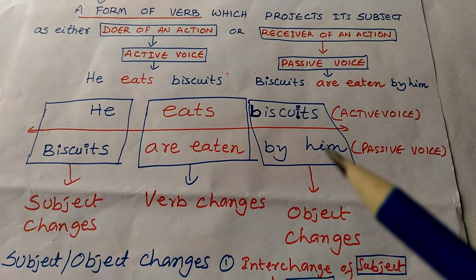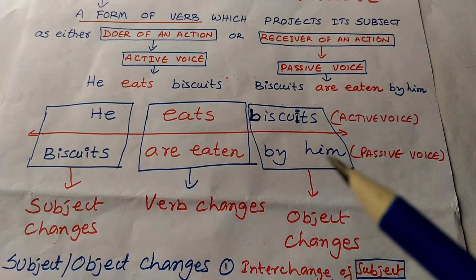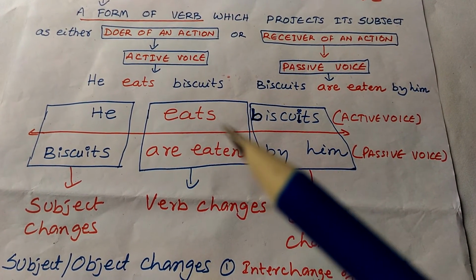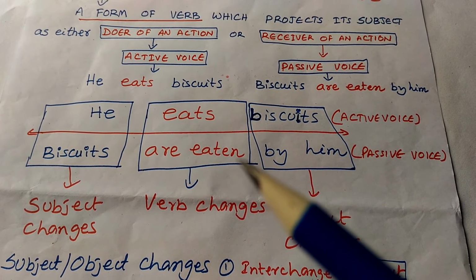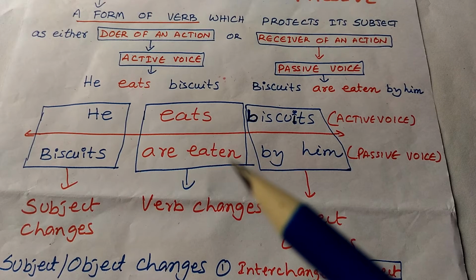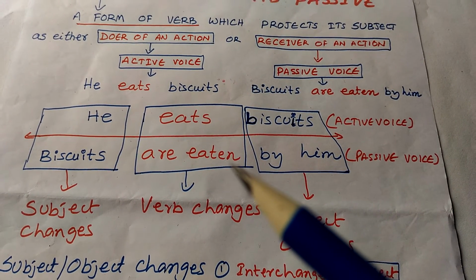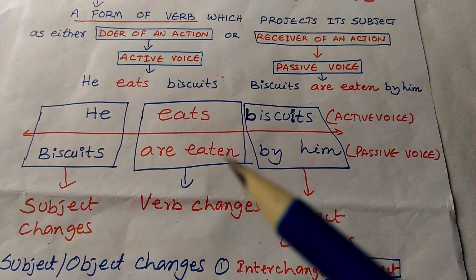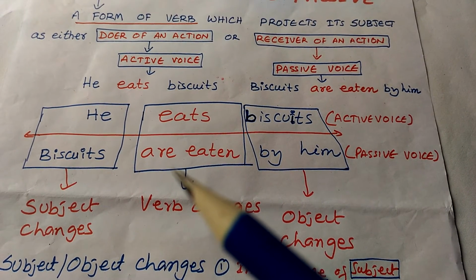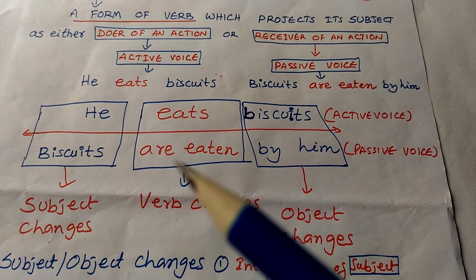Look at these objects. These objects are changed. And next one is verb changes. Here the form of verb has been changed into verb 3, that is past participle, and one be form is added. That means an appropriate be form is added.